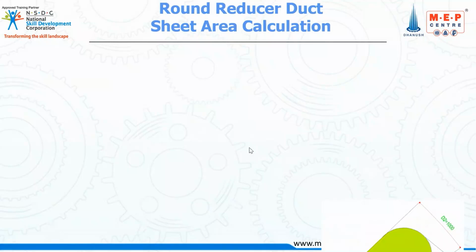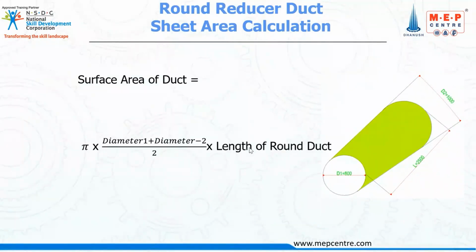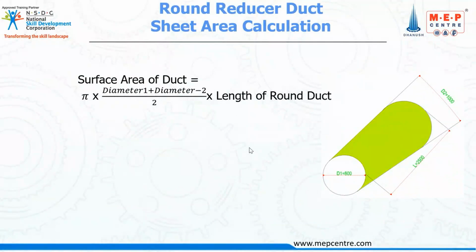So for round, pi d L. In pi d L, the diameter is diameter 1 plus diameter 2 by 2. Same.